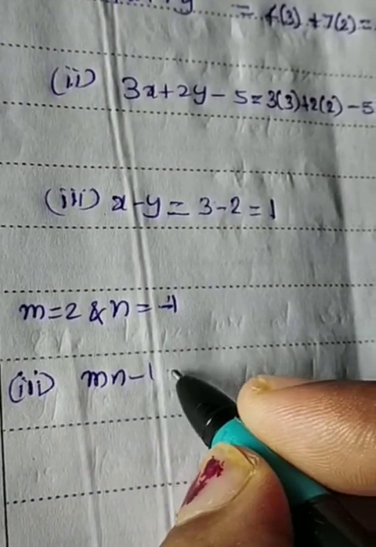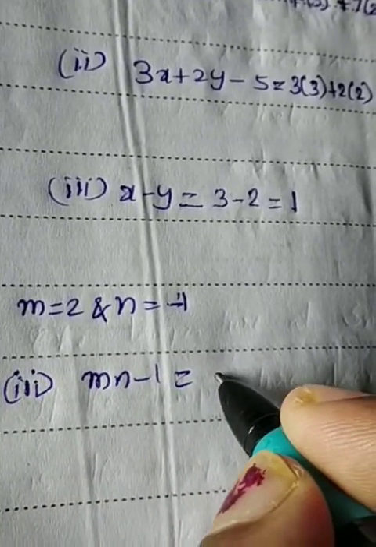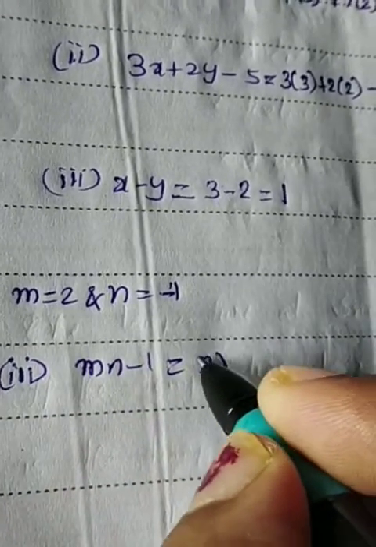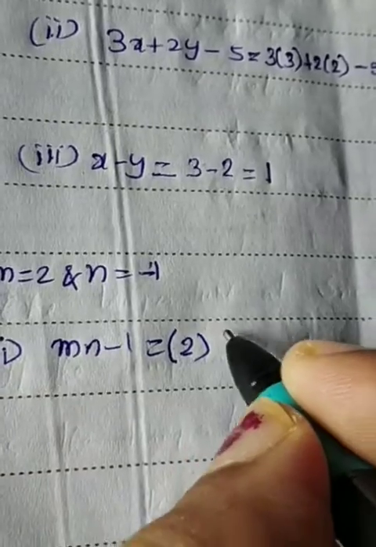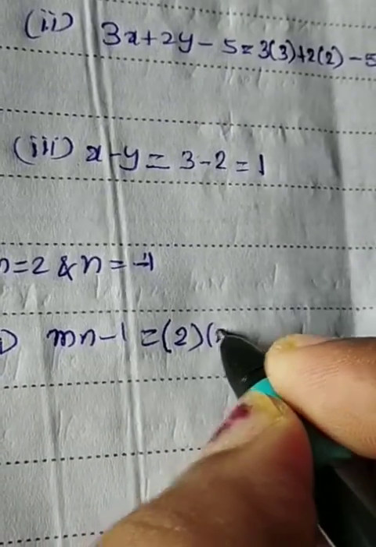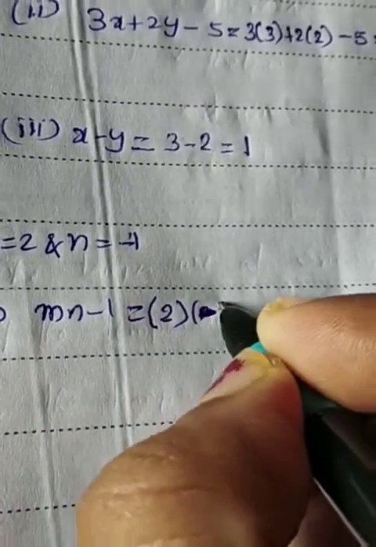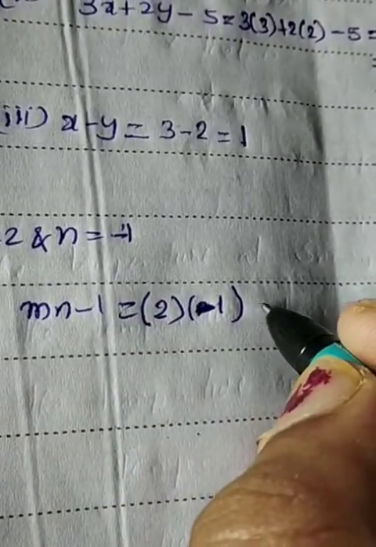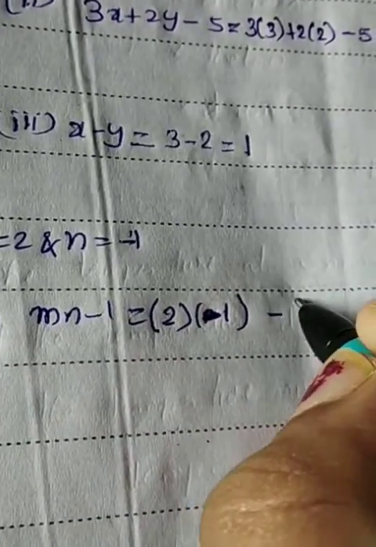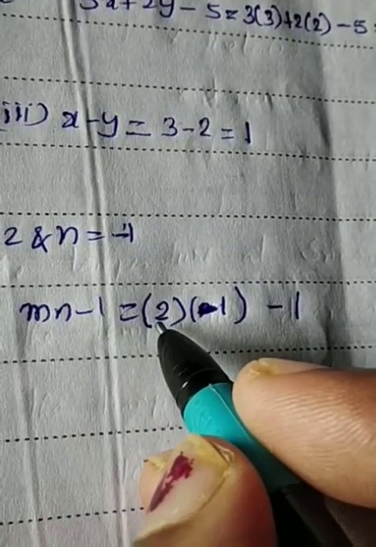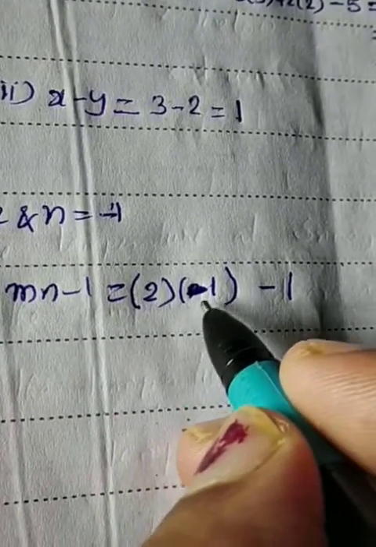Here this is m, substitute the value for m, that is 2, put that in a separate bracket and put the next one, minus 1, in the next bracket. Now here we are multiplying these two terms.